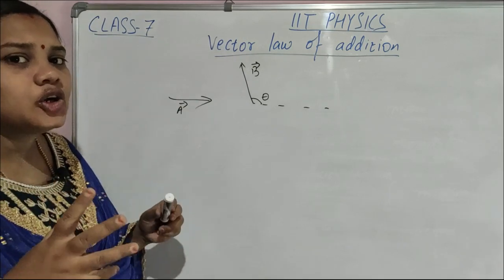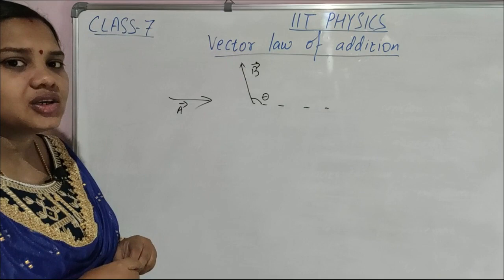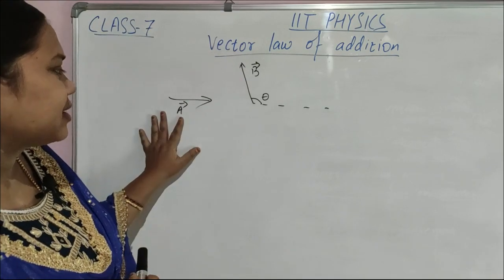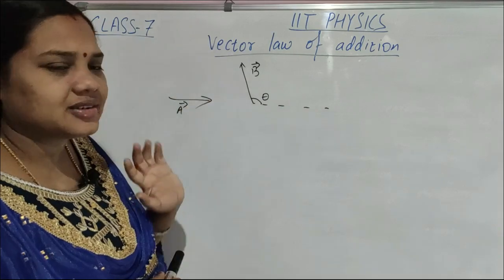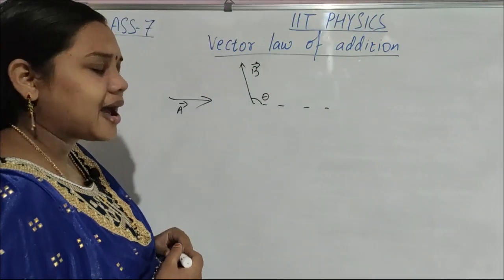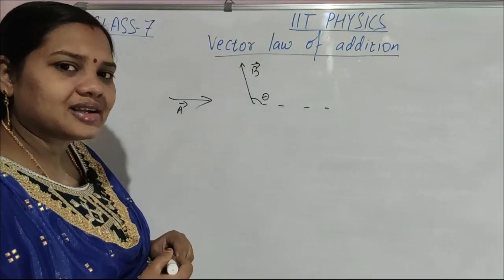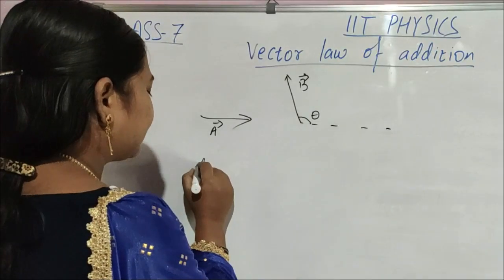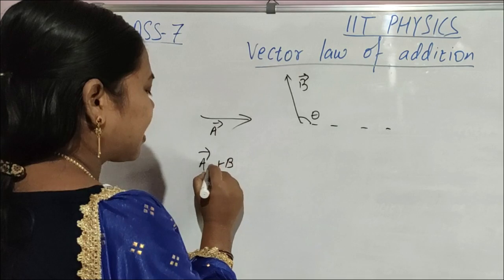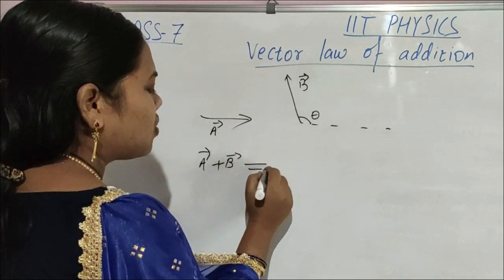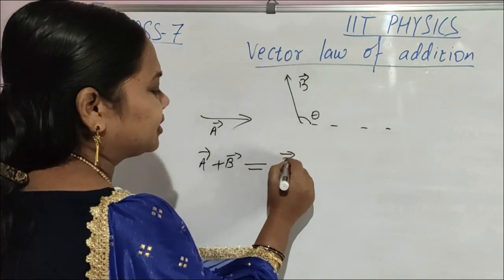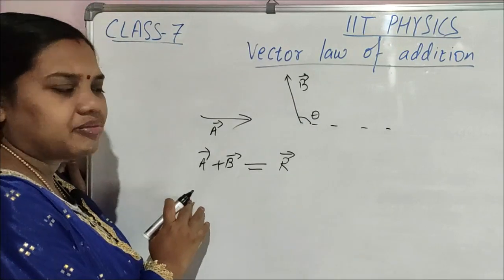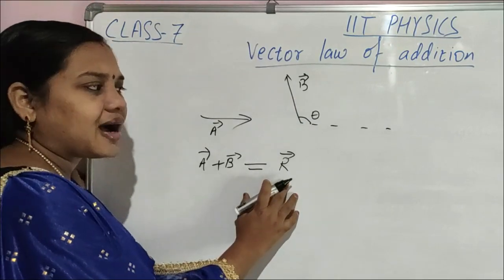Here, the triangular law of vector addition is only for two vectors. When we add two vectors, that time only we use the triangular law. So the first vector is A vector, the second vector is B vector. How to add? A vector plus B vector gives R vector.